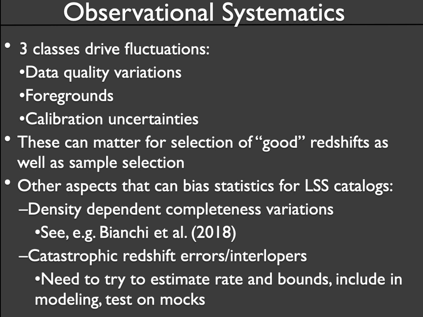And so all of those things can matter both for our selection of what we call good redshifts in the galaxy survey, and modulate the target density. But we can kind of roll them up together.